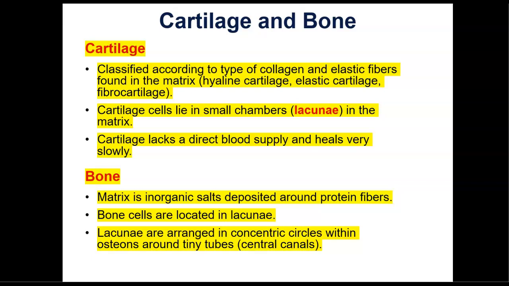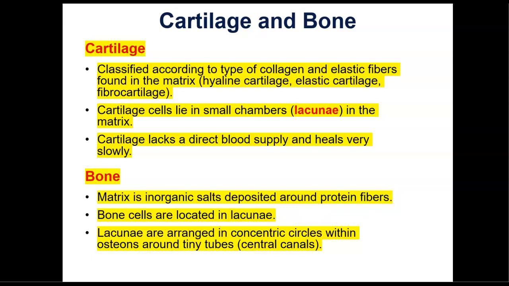The cells of cartilage lie in small chambers called lacunae, and then they're surrounded by matrix. Cartilage does not have a direct blood supply, and therefore it heals very slowly. Bone is different. Bone does have an extensive blood supply, and so it's more easily able to heal if it's broken. The matrix of bone is an inorganic salt called calcium carbonate, deposited around protein fibers, cartilage mostly.